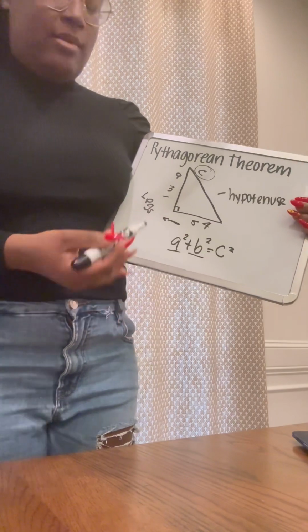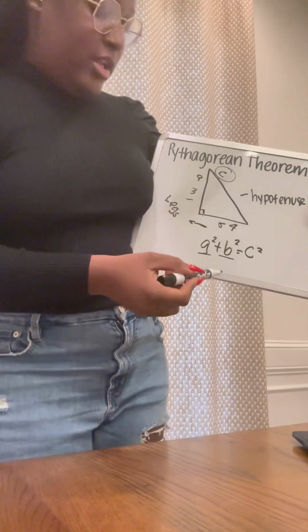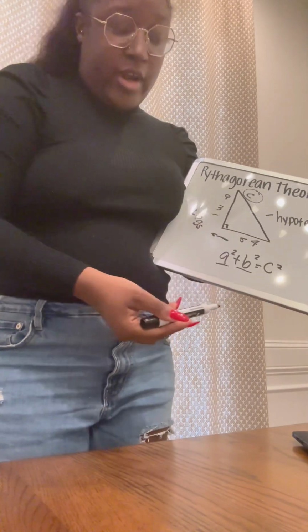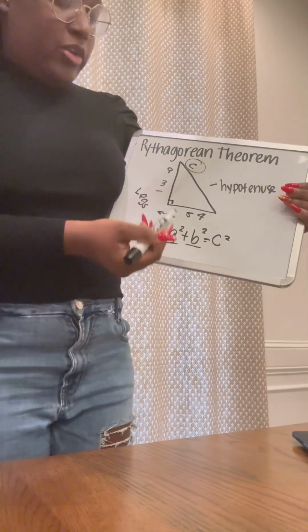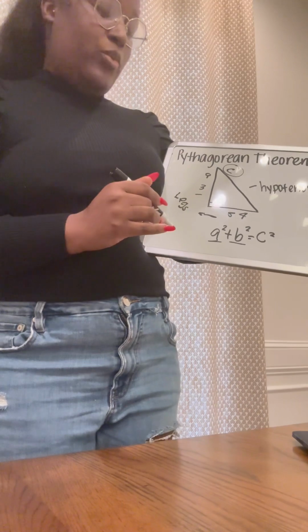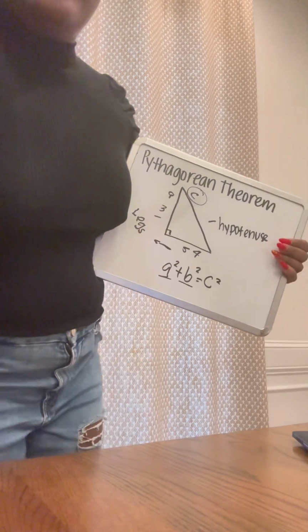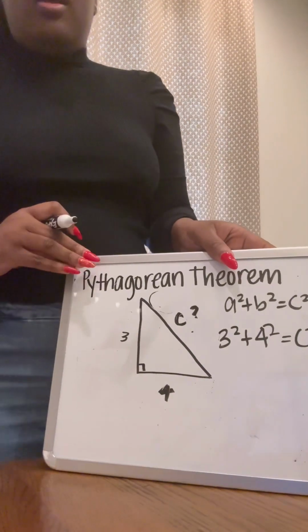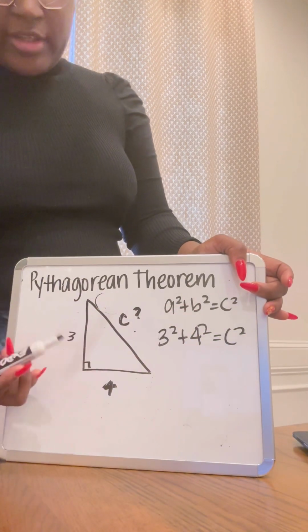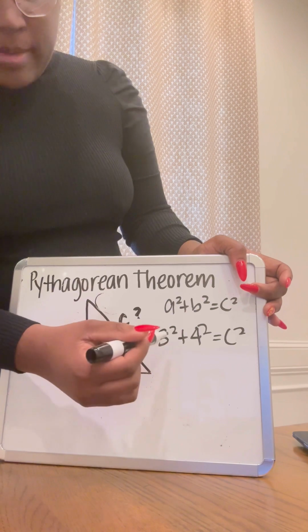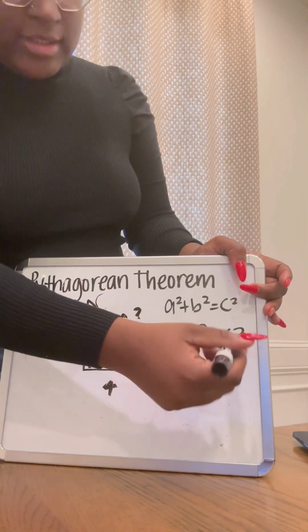It's going to be the same regardless. So you can put 3 squared plus 4 squared, or you can put 4 squared plus 3 squared. It doesn't really make a difference. So you're going to plug those in, and then we're going to find out what c is. Okay, so as you can see, I have plugged the numbers into the formula. So we're going to do 3 squared plus 4 squared is equal to c squared.